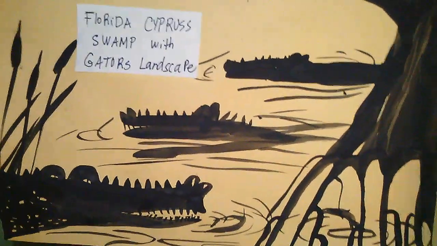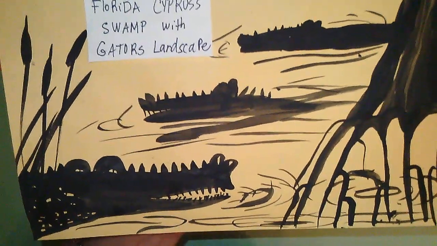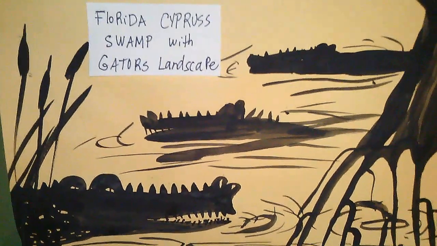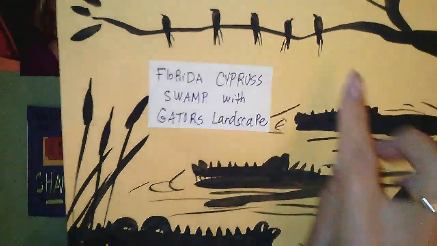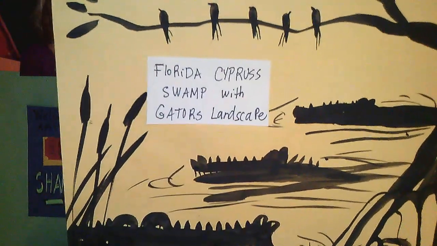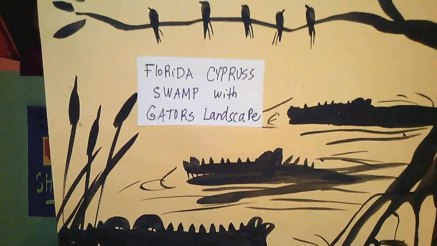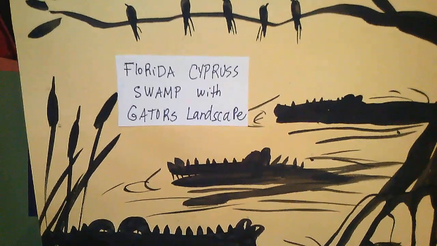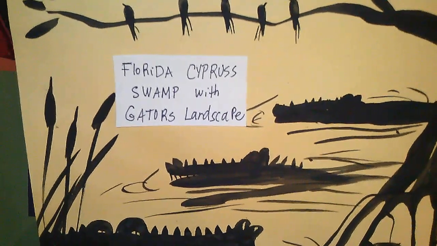American alligators and American crocodiles live in St. John's River. We've got so much beautiful bird life, and these are reeds, all kinds of plants in our beautiful landscape here in Central Florida and in Southwest Florida.